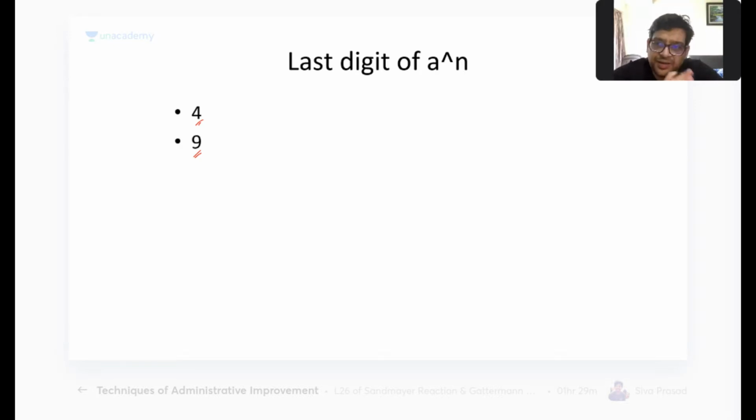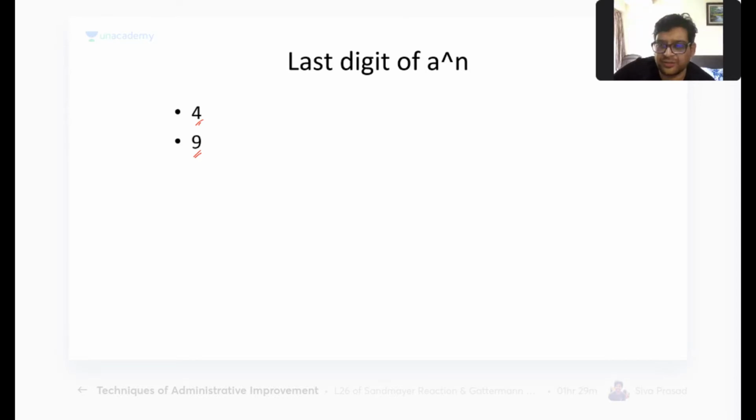Any of you, give me a number raised to another power such that the last digit of the number is 4. Varshit, Himanshu, Gaurav, any such number, and I'll take an example of that and we can take it forward from there. Just any number that you can give me.